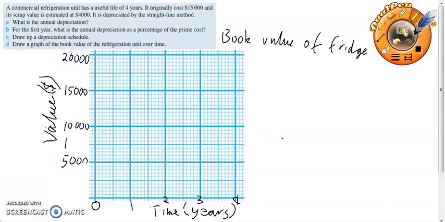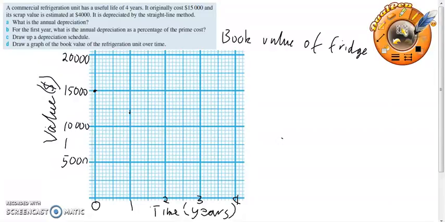Alright, so what we do is we plot the points. So when we look at this, if we go back to our table, we know at year 0, it was worth 15,000. So we can put a dot. We know at the start of year 1, it was worth 12,250. So we can put in a dot.